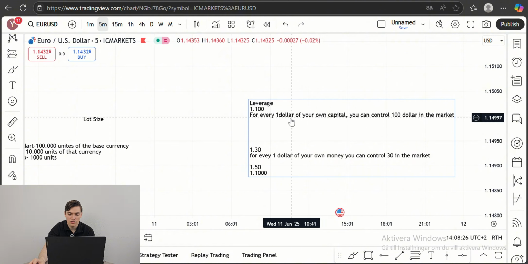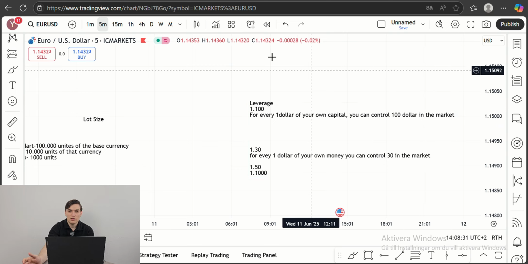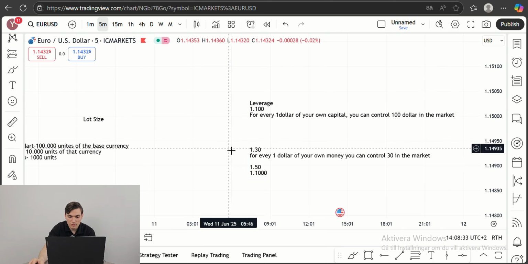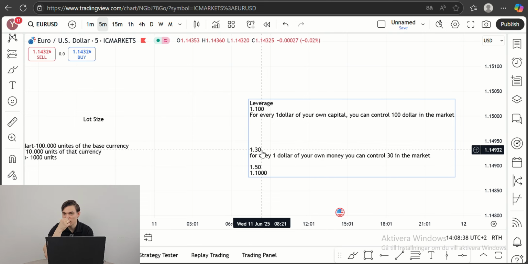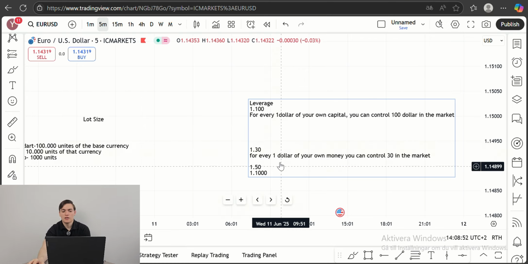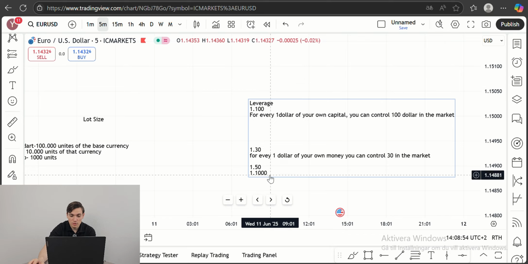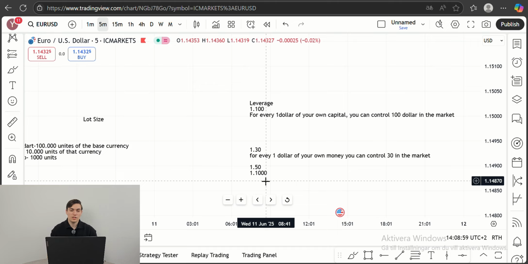If you have $100, you could use $10,000. And it's the same here: for every $1 of your own money, you can control 30 in the market. So if I have $10, there will be 300 in the market. Same with everything. If 1:1000, if I have $1, I could control 1,000 in the market.